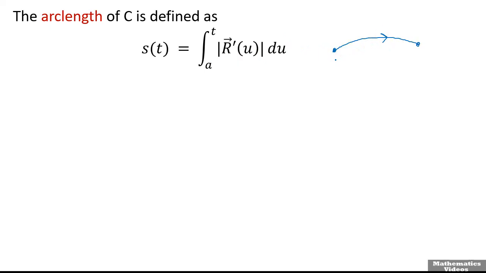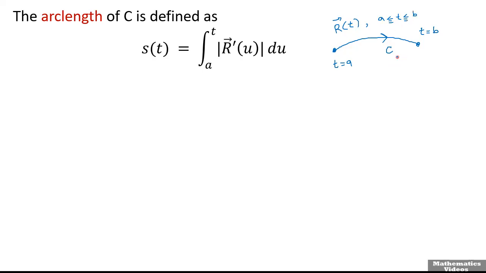The initial point is where t is equal to a, and the final point on the curve corresponds to t equal to b, where t is the parameter for the parametric representation, and this is the curve C, which is parametrically described by r of t, where t varies from a to b.